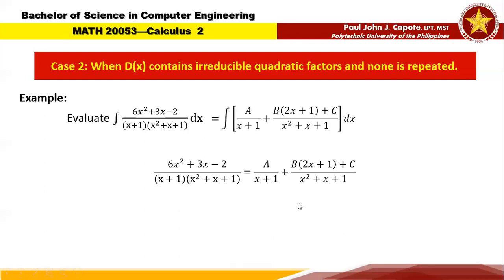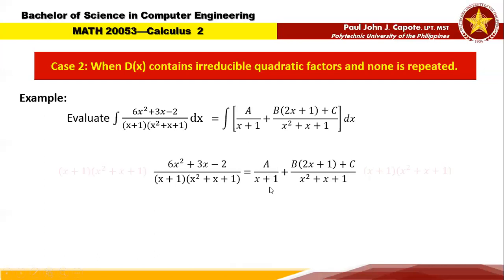In this case, we have unknown constants a, b, and c. The first thing that we will do in order to integrate this integrand is to evaluate the values of these constants a, b, c.